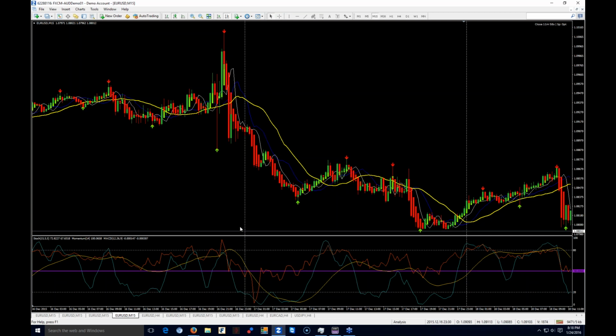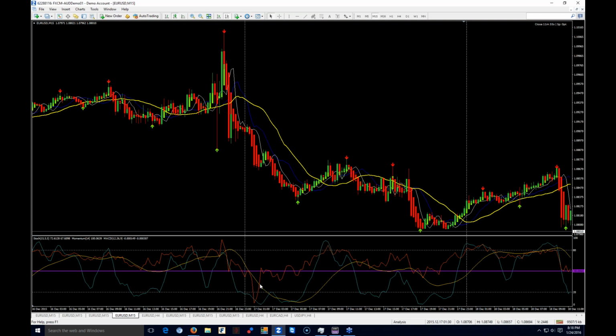The way that we're using this setup is we're keeping an eye primarily on your MACD line here, which is the yellow, and what the momentum is doing. We want to pay attention to when the momentum crosses below your MACD line, crosses through it just like this, okay?